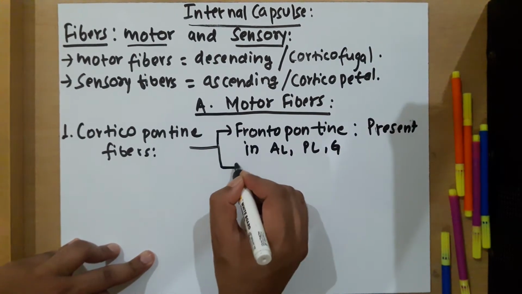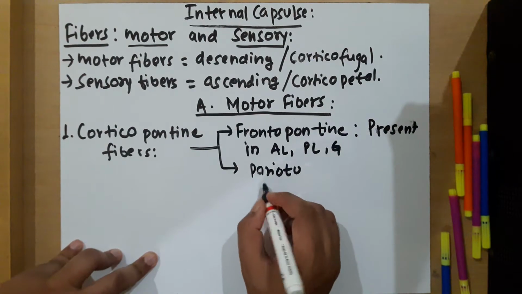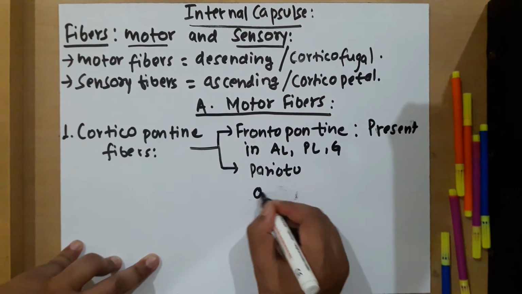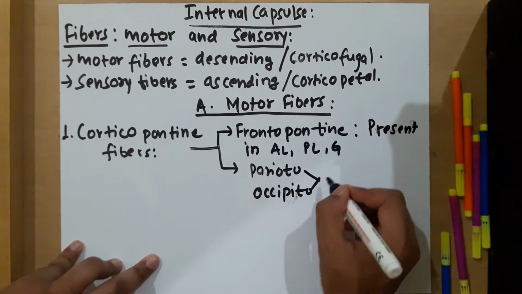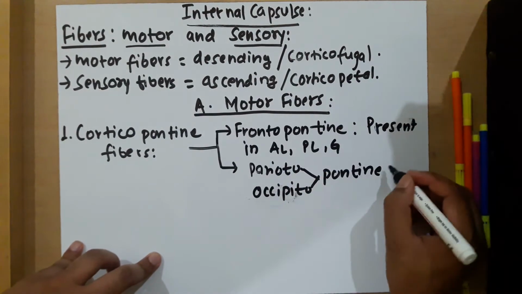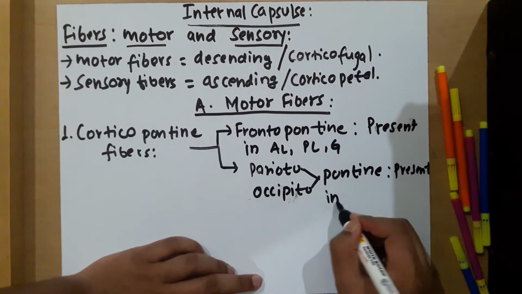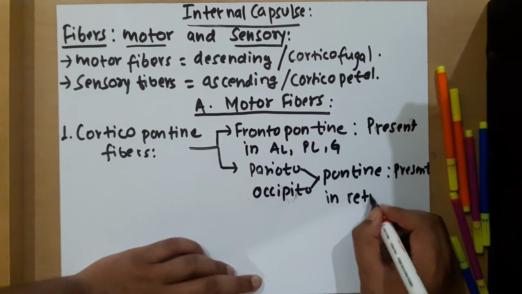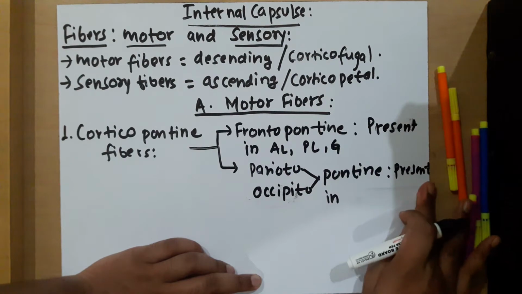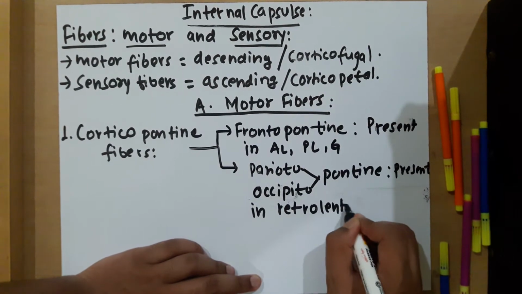Then the second one is parieto and occipitopontine. Both the parietopontine and occipitopontine fibers are present in the retrolentiform part.